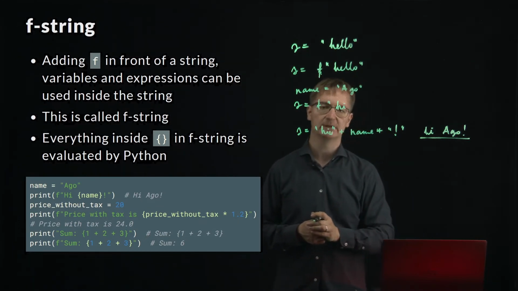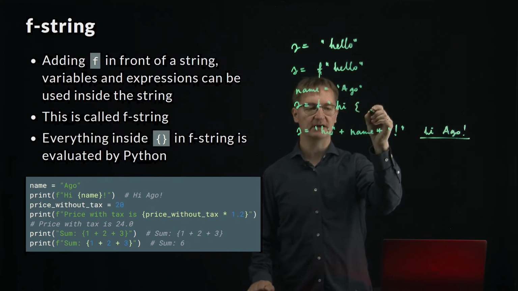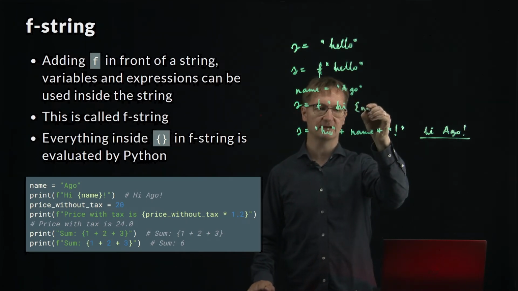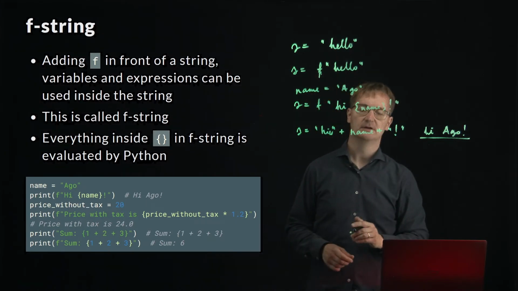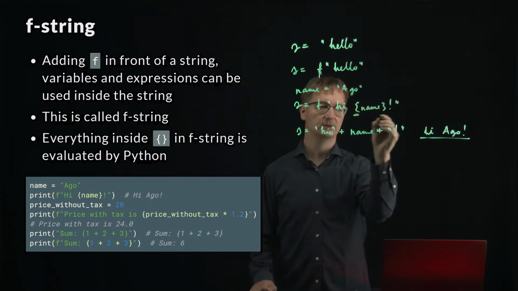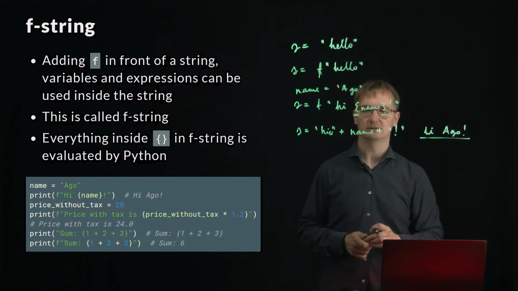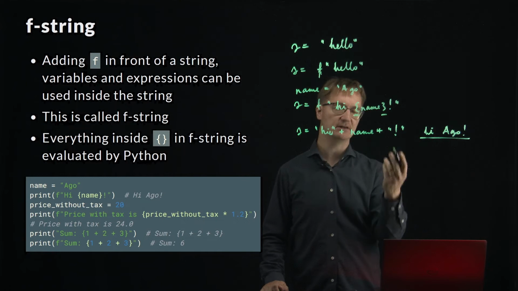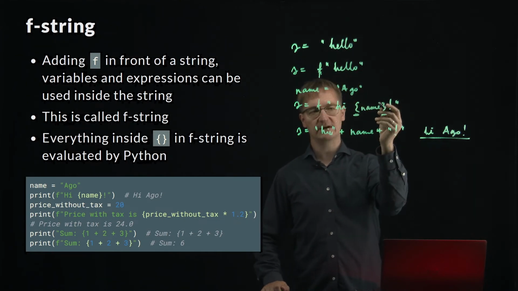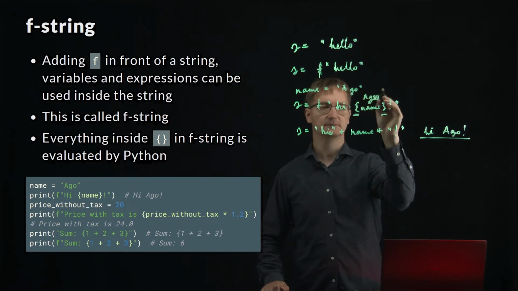So instead, we can use f-string. With f-string, we can use variables inside the string. Let's have name here and exclamation mark here. So everything between those curly brackets is evaluated by Python. Because it's a variable, it's just treated as the value of it, Aro.